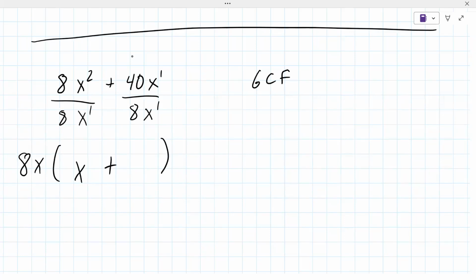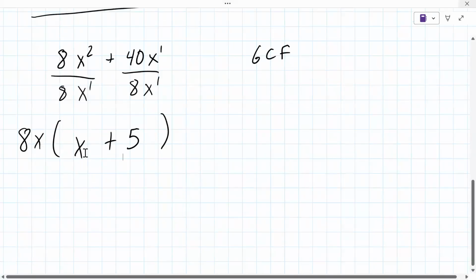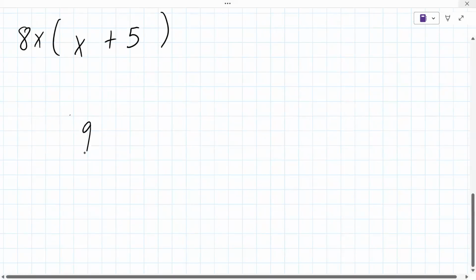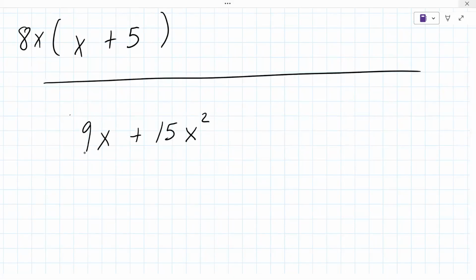Okay, very good. Do you want another one like this or slightly different? One more like that. Okay. So let's go 9x plus 15x squared. This one's just a tiny bit different.